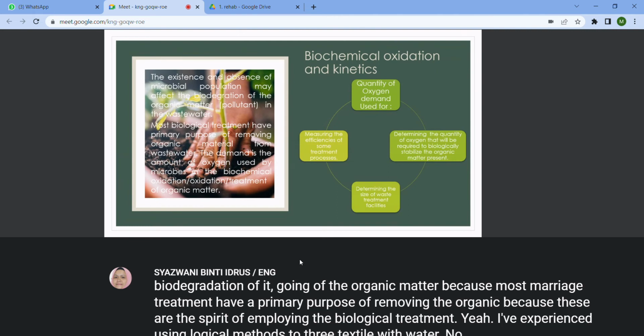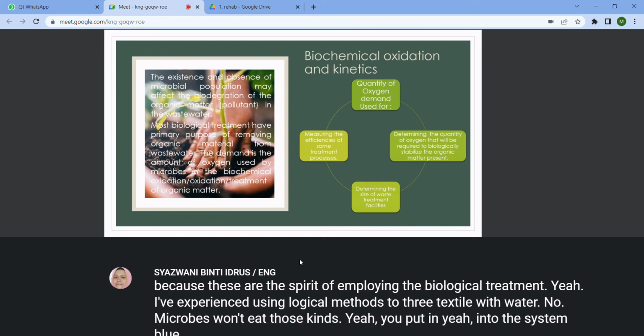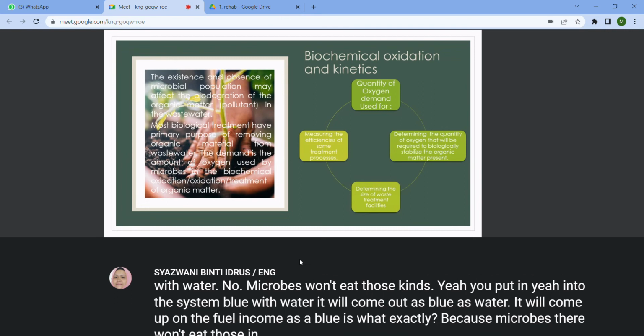No, microbes won't eat those kinds. You put blue wastewater into the system, and the effluent will come out as blue wastewater, exactly the same, because microbes won't eat those inorganic materials.